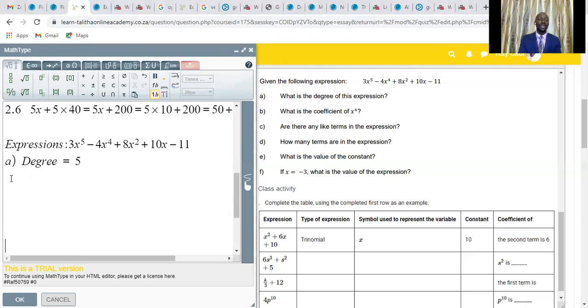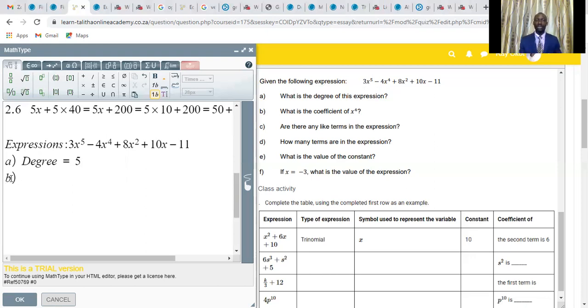The next thing that we also want to deal with is part B. In part B, we are supposed to find the coefficient of x power 4. What does it mean, coefficient? Notice that in algebraic expressions, there are so many occasions where you will have a number multiplying a letter. This number which is multiplying this letter is called the coefficient of that letter.